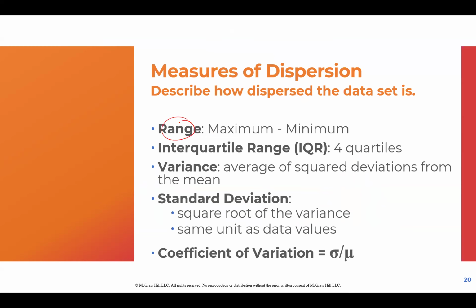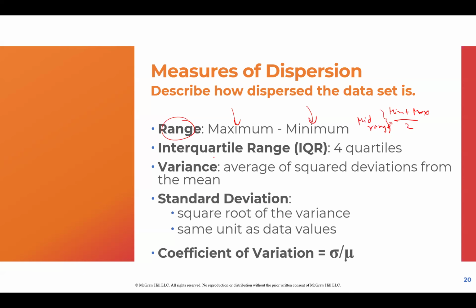Range is the maximum value in the sample minus the minimum value in the sample. Mid-range is equal to minimum plus maximum divided by 2. That's the mid-range, not the range.